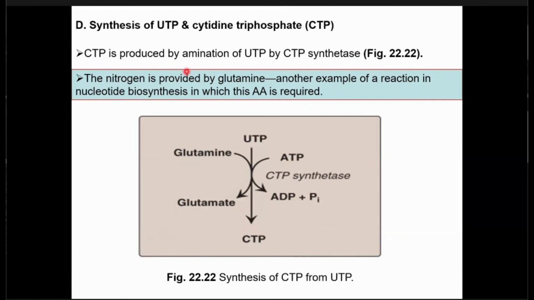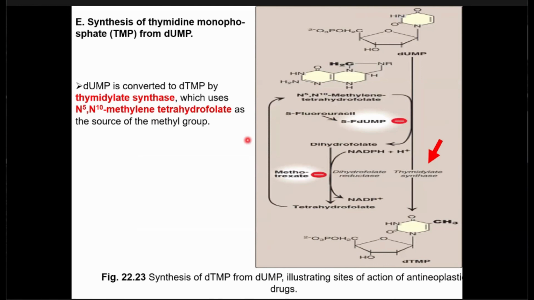And from where you get your CTP, cytosine triphosphate: you get it from UTP. If they ask you where you get your CTP, basically you get it from UTP. And this is how you synthesize thymidine monophosphate.